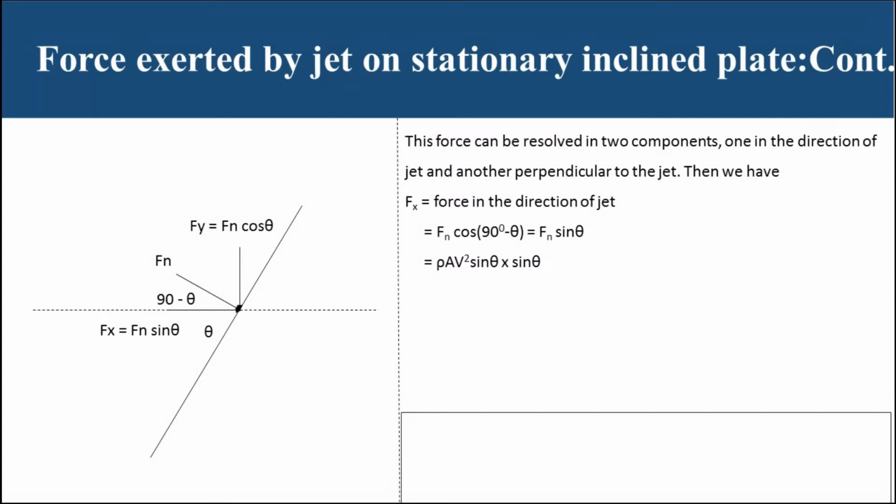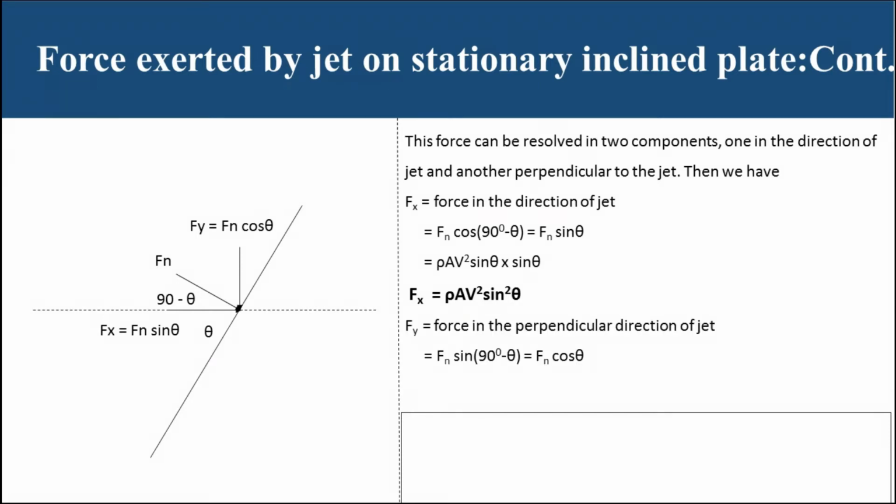We put the value of Fn, so it will become rho a v square sin theta into sin theta, or Fx equals rho a v square sin square theta. So the force exerted by the jet in x direction, or in the direction of jet, on inclined plate, the formula is Fx equals rho a v square sin square theta.